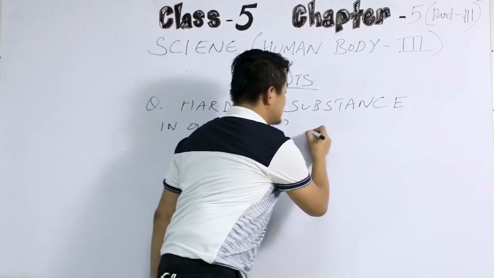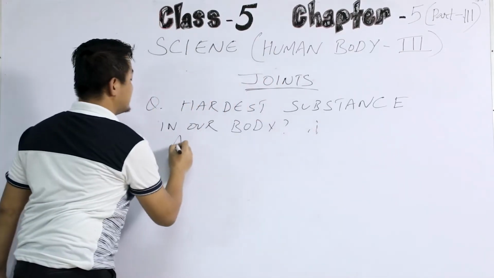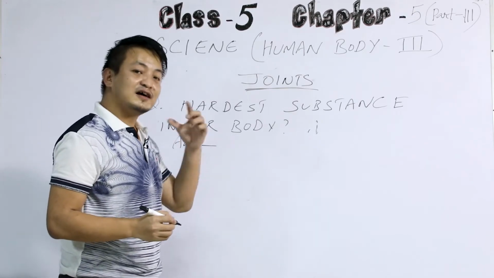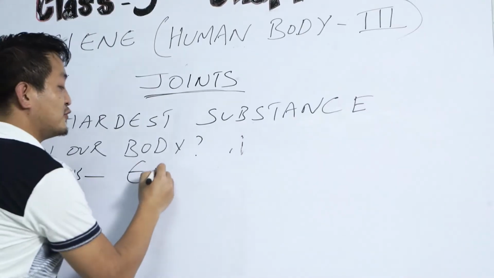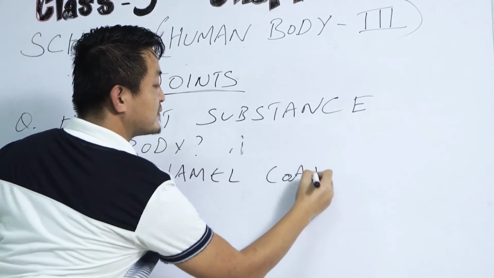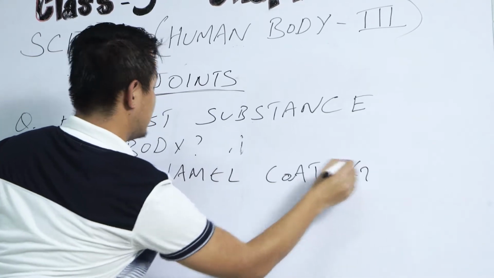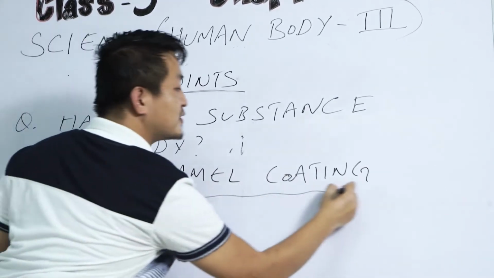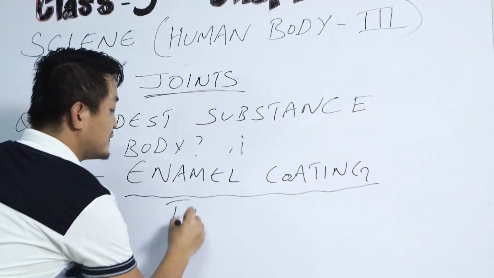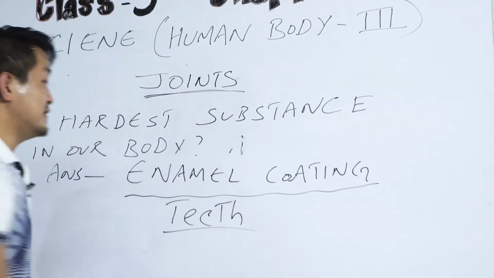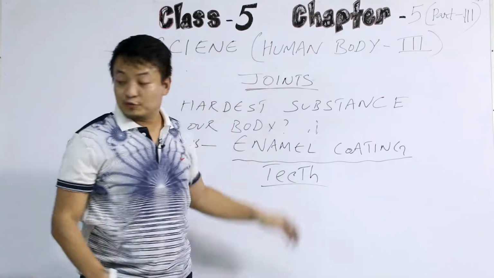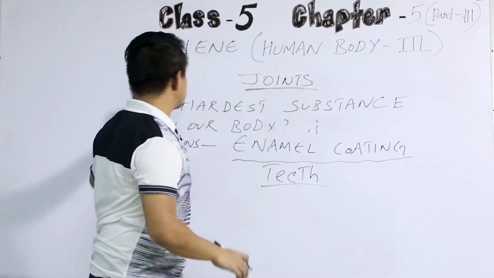But the answer would be the enamel coating on our teeth. You can note this one down: the enamel coating in our teeth is the hardest substance in our body. Now we'll start with this topic, joints.